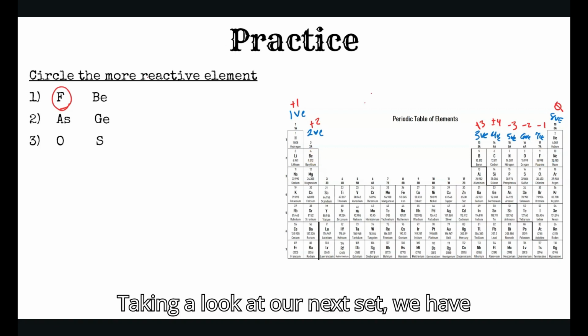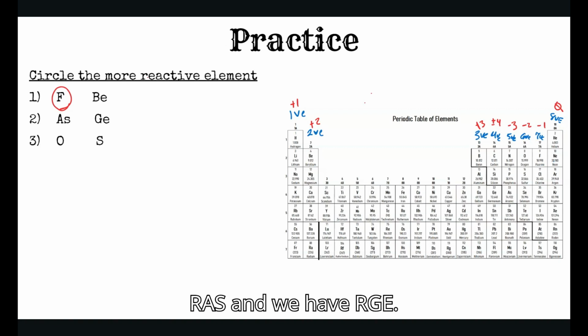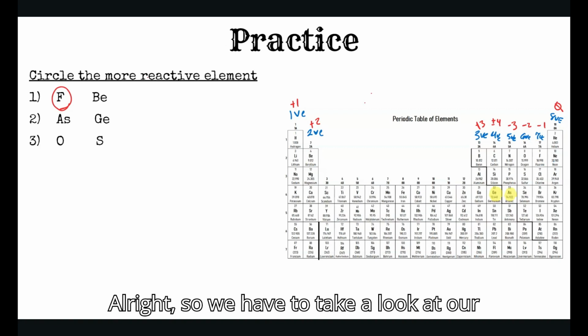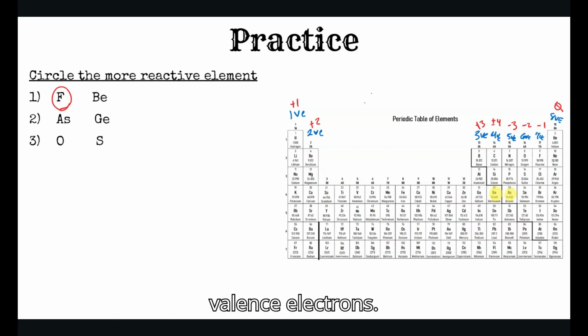Taking a look at our next set, we have our AS and we have our GE. All right, so we have to take a look at our valence electrons. Now, our GE, it can either gain four or lose four. Our AS, it will need to gain three electrons.